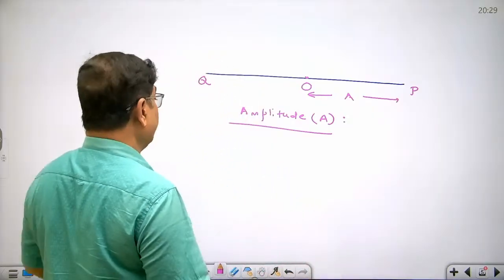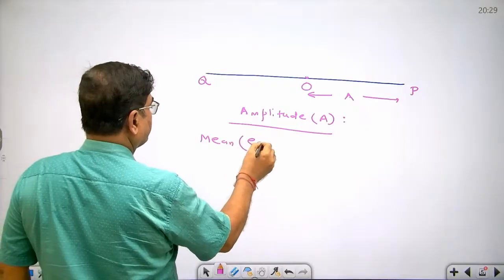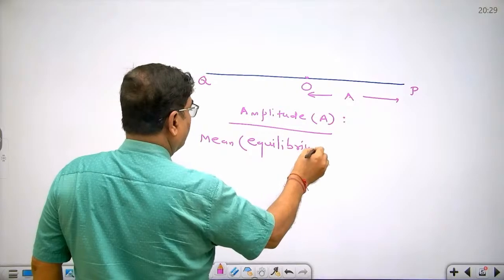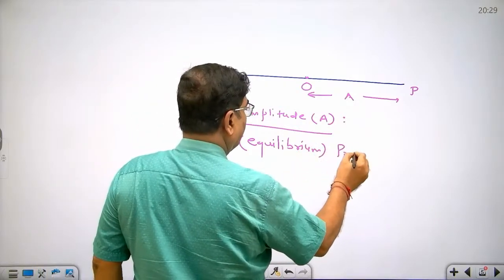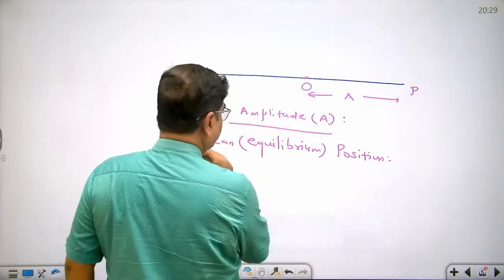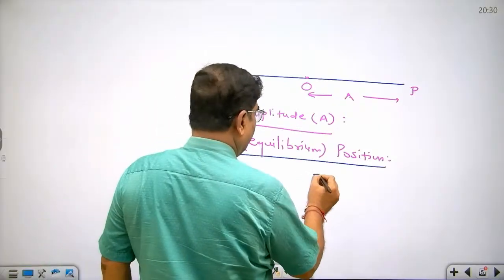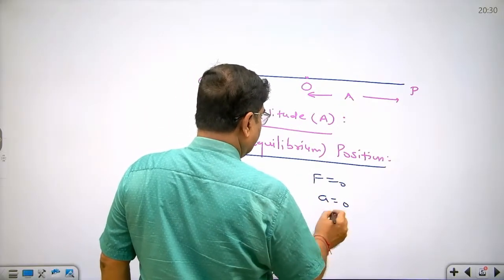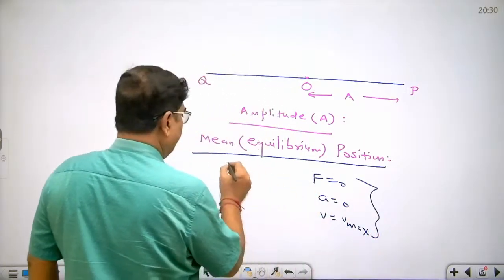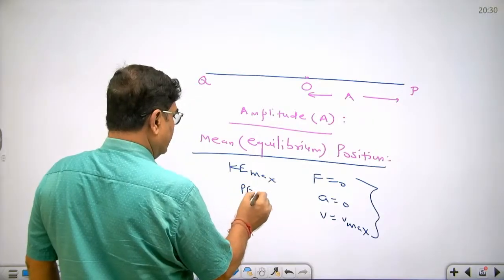Now, what is mean position? Mean position means equilibrium position. It is the position where the force acting on the particle is zero, which means acceleration is zero and velocity is maximum. Or you can say that in this situation kinetic energy is maximum and potential energy is minimum.